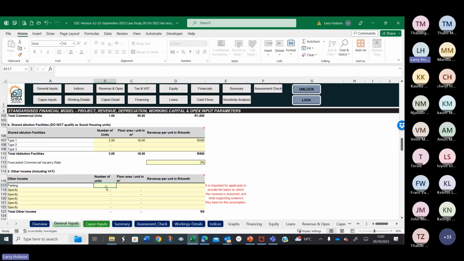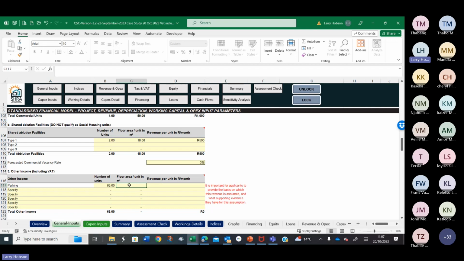Any other income? Right, we're going to have some parking. So we've got some units for parking. If we're saying we've got 132 units, but we've got 1 parking place for every 2 units, so it would be 132 times 0.5. Well, the floor area doesn't matter.